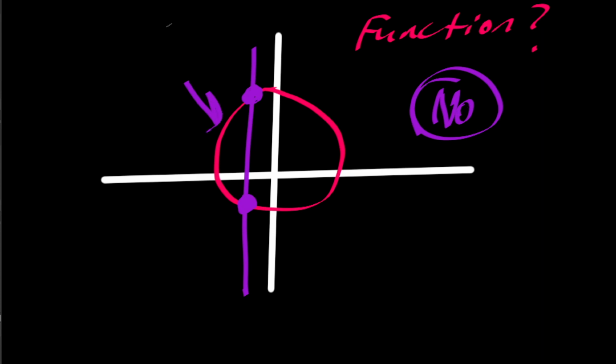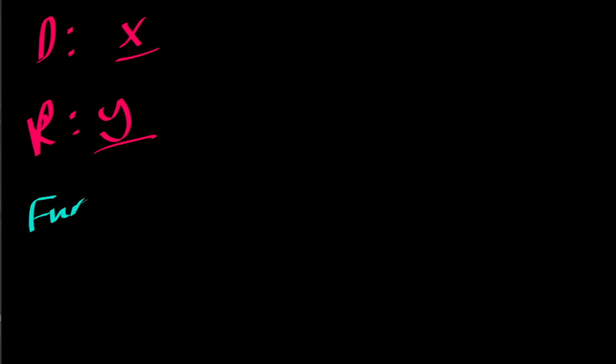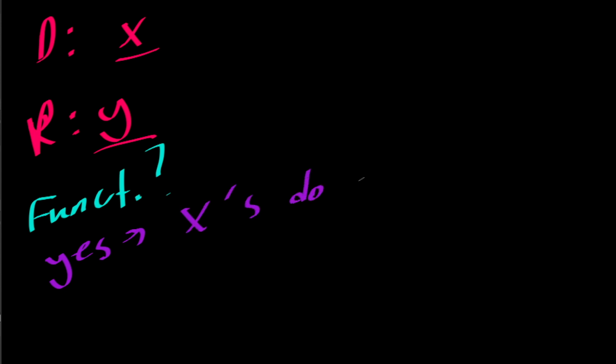And then remember, if I want the domain, that just means the x's. If I want the range, that just means the y values. And then if I want to know if something's a function without a graph, then I use this rule of thumb. I say yes as long as the x's do not repeat.